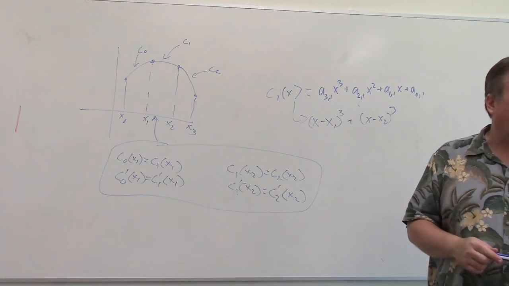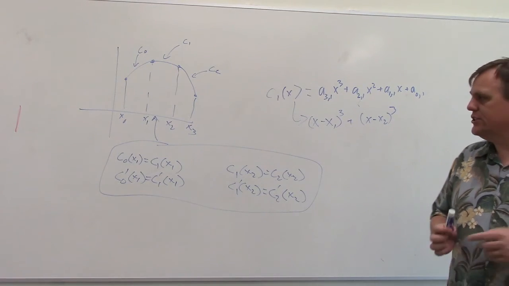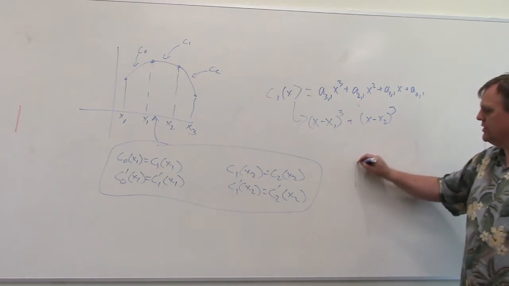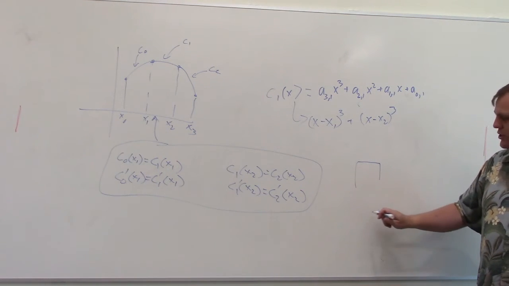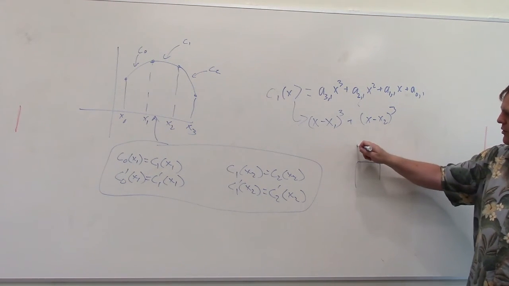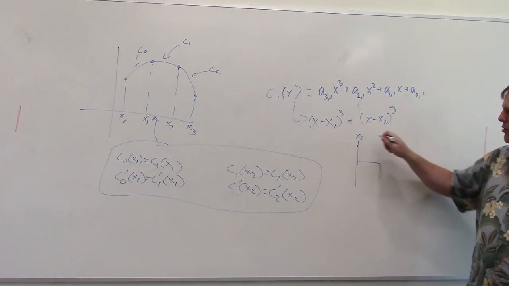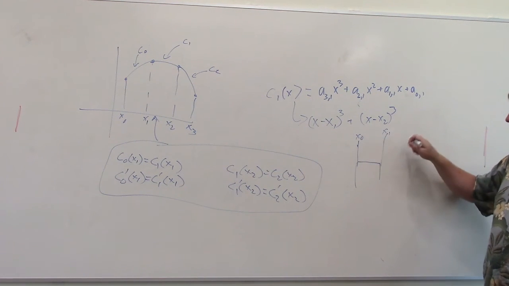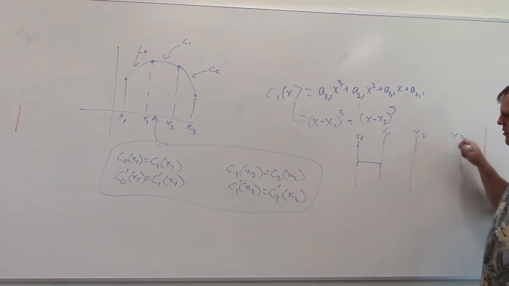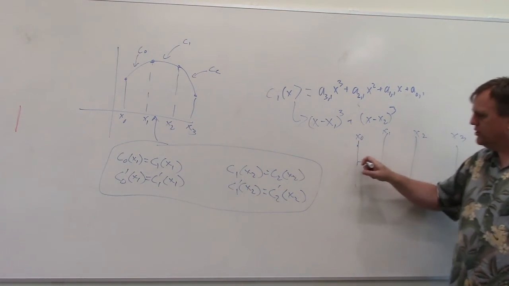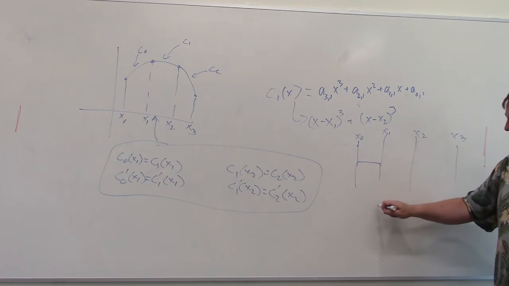When you go to B-splines, they just have a basis function section. In between two points, the first basis function is a square. So if I've got here my x0, this is x1, x2, x3, the first basis function is just a 1, and it will repeat.